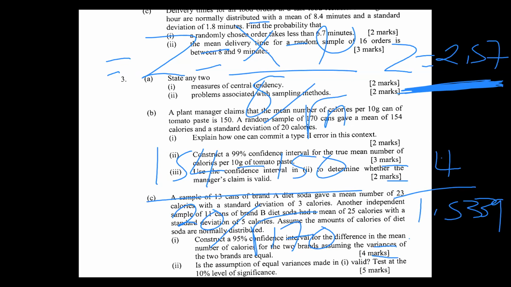What is our calculated Z value? 2.6077. So 2.6.